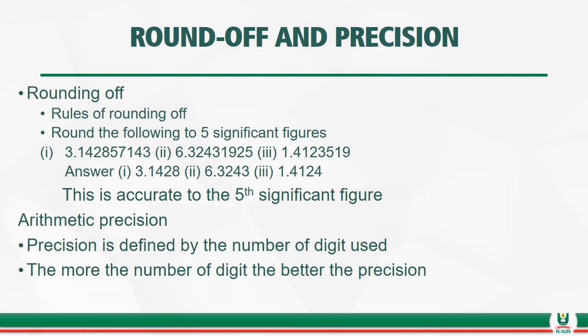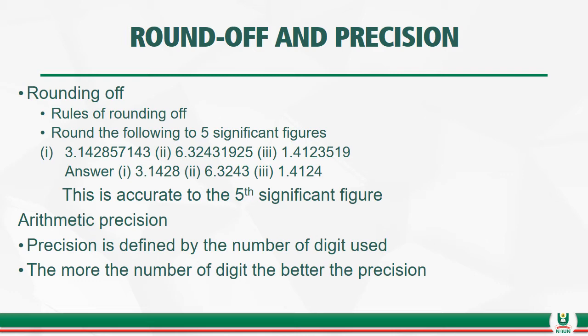The next number is 5, and the number that precedes 5 is odd. So what we do is to add 1 to 3, and that gives us 1.4124, and that is to 5 significant figures. So what is the precision of this rounding off? The precision is accurate to the nth significant figure. So as it is in this case, this rounding off is accurate to the 5th significant figure.